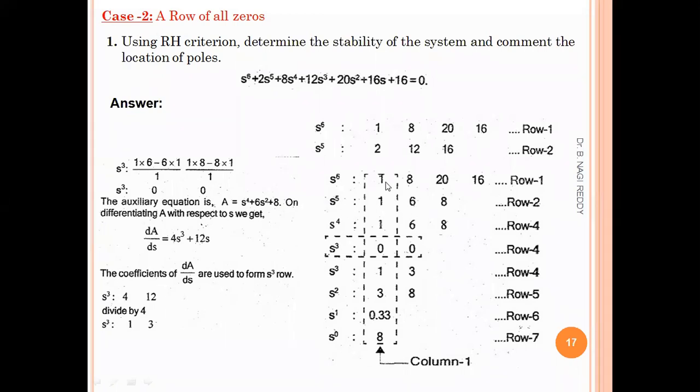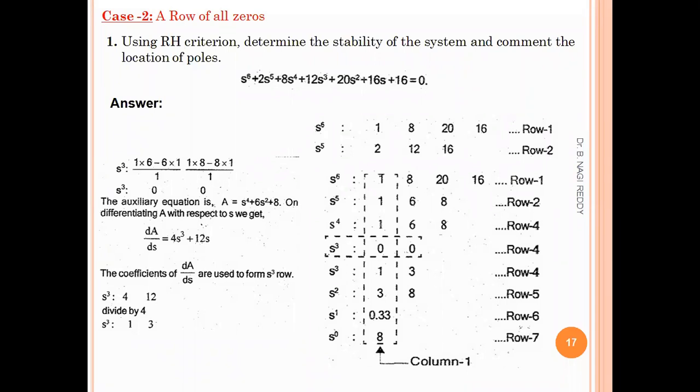And you can see, for the stability, there is no sign change in the first column. There is no sign change, but we got this condition. This means the system is marginally stable or limitedly stable.